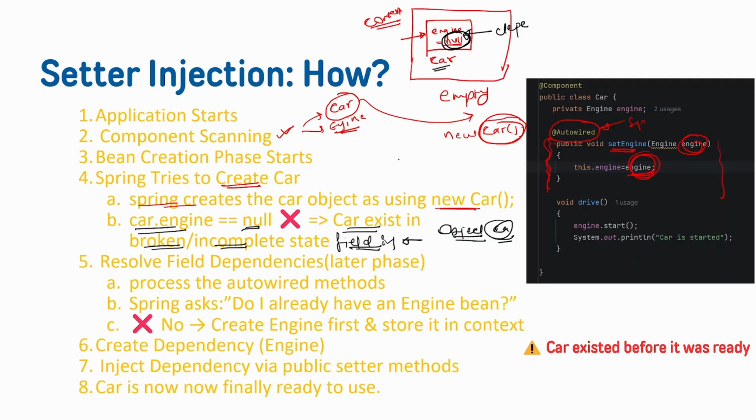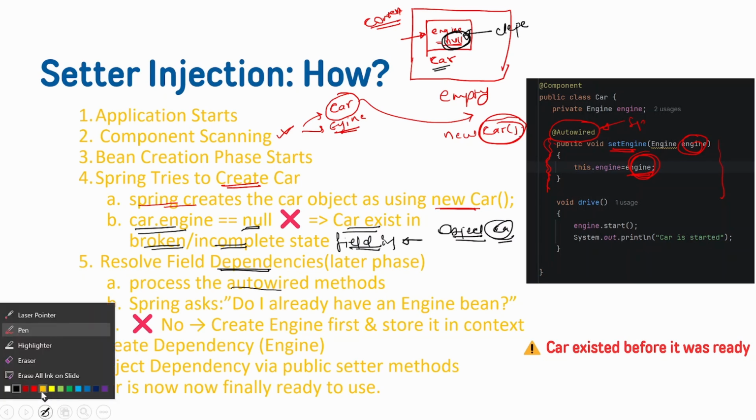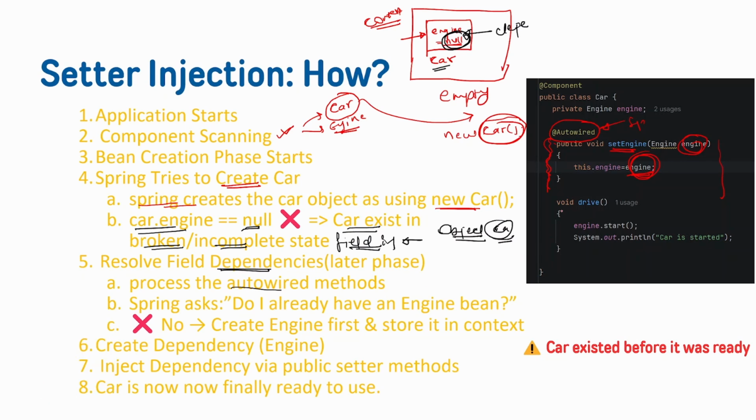Now after the object is created, the dependency resolution happens. Process the autowired method. Now Spring will process all the methods that are marked with the autowired annotation, and it sees that in the method parameter there is one dependency of the type engine.